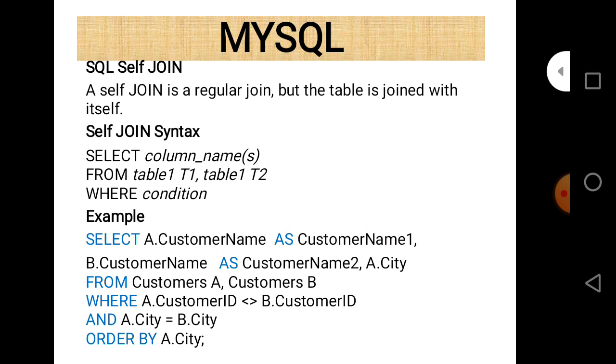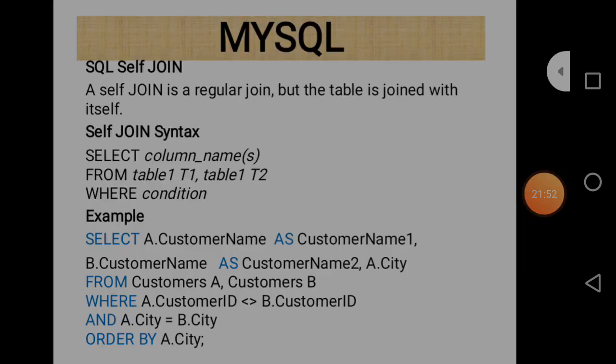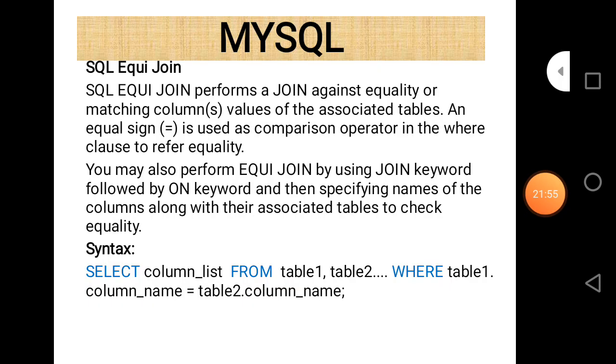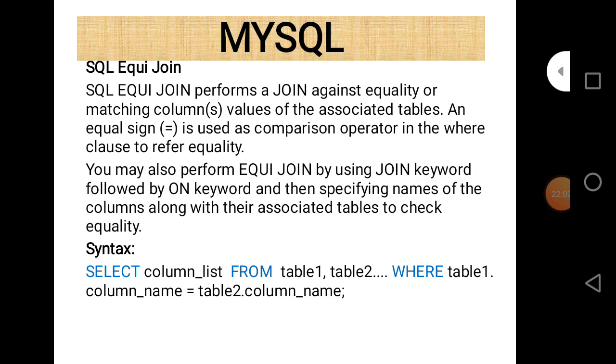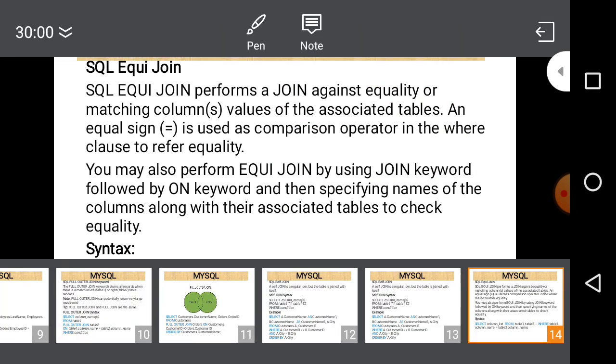Next, SQL equijoins. SQL equijoins perform joins against equality or matching column values of the associated tables, and this is called equijoin because the equal operator is used as a comparison operator.